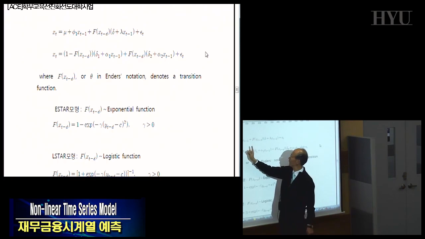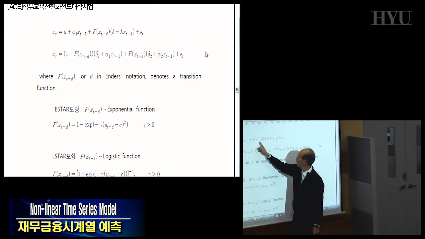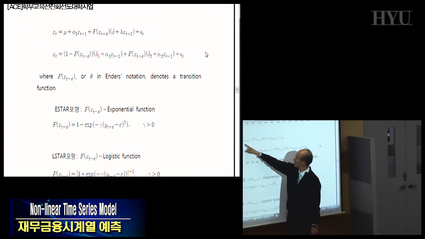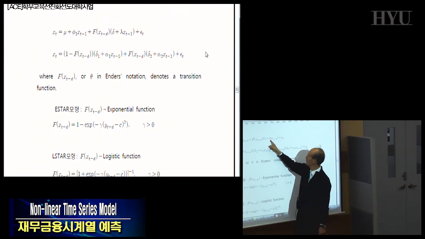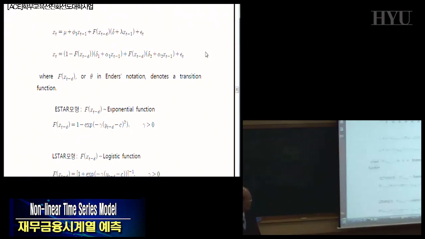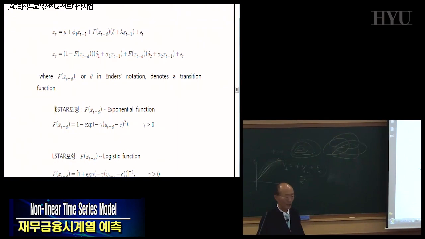So if this is, let's say, 0.5, then mu plus 0.5 times delta is the new constant. Pi 1 plus 0.5 times lambda is the new coefficient on the lagged value. So that's what we call the exponential star, or E star.